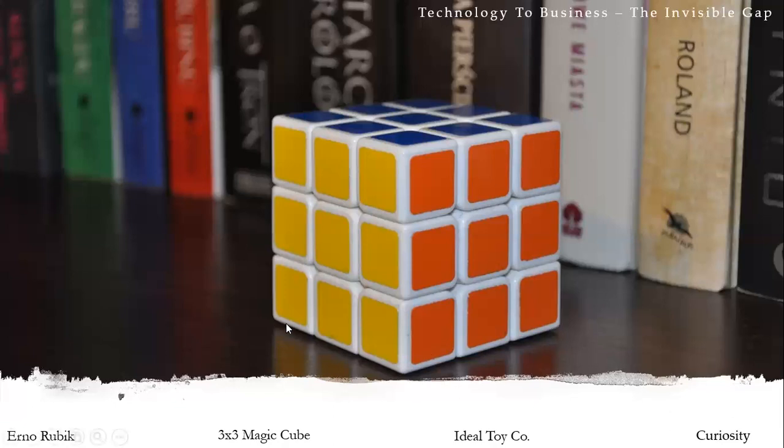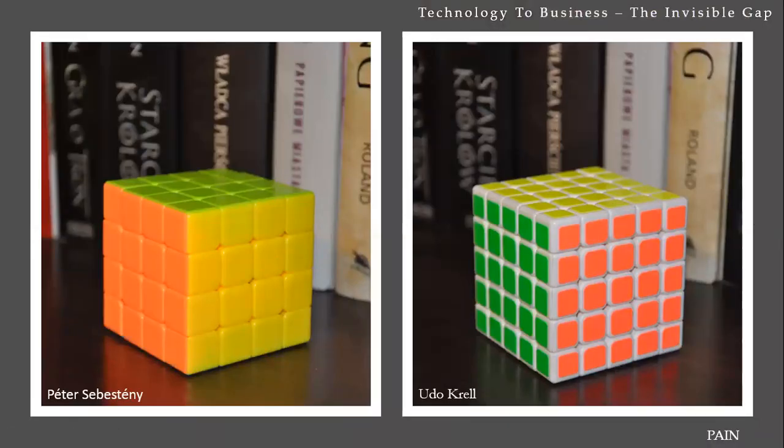So this was where I wanted to buy this cube. I bought that cube. One time I saw online a couple more cubes. This is a 4x4x4 cube. This is a 5x5x5 cube.